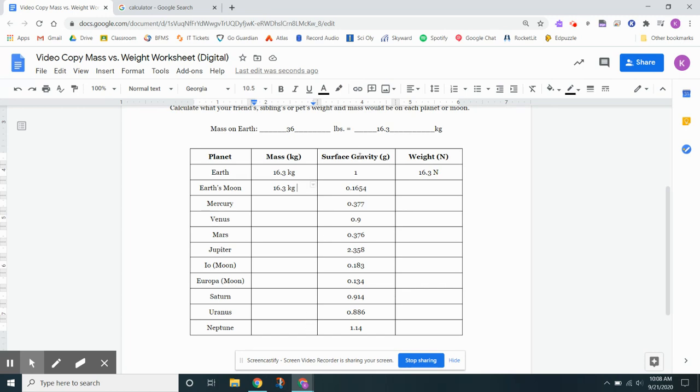What we'll see, though, is that the surface gravity, the force of the gravitational field, is different for the moon. There's a different pull of gravity happening on Earth versus the moon. So now we have to take our 16.3 mass, multiply it by our new gravitational factor, and then we'll get our weight. So 16.3 multiplied by 0.1654.